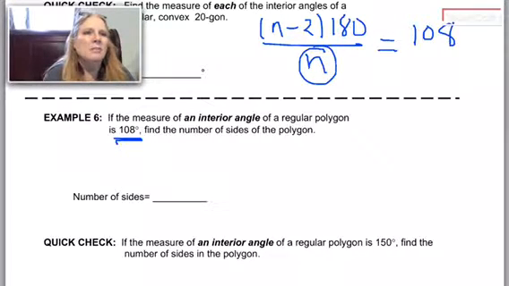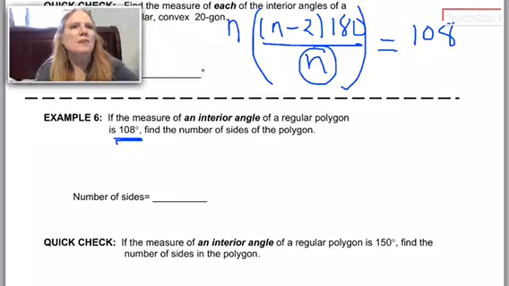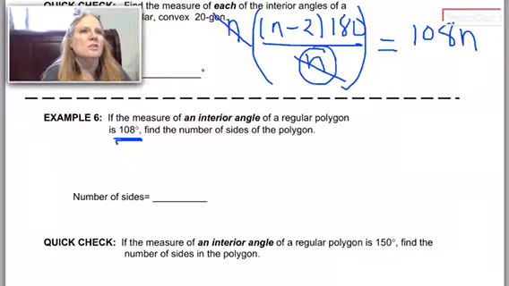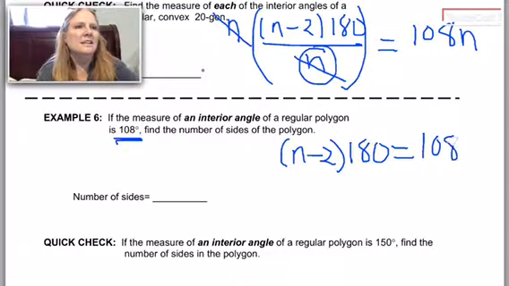If we're dividing by n, we multiply by n. This is one quantity, so we multiply this whole thing in parentheses, and that will cancel out. If we multiply this side, we have to multiply the other side. So we're left with n minus 2 times 180 is equal to 108n.